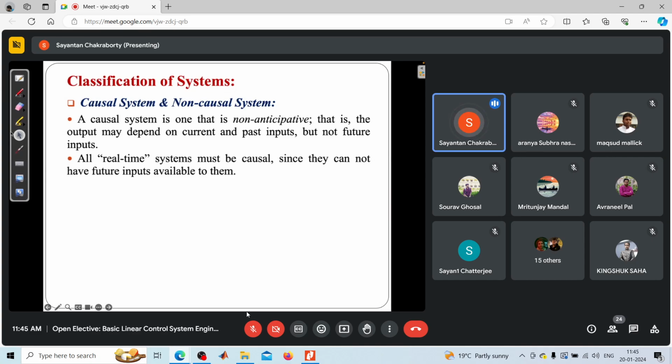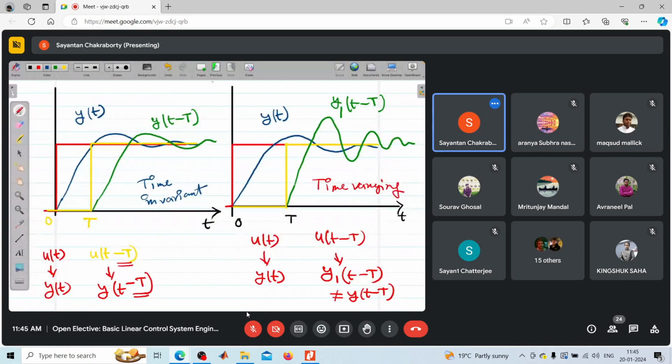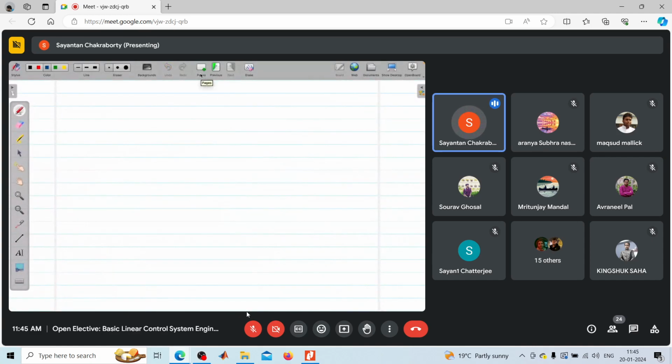But if you change your perspective and take something other than time, say space, as your independent variable, then the non-causal system may be there. For an example, some of you are familiar with image processing, right? Once you have captured a digital image, what you normally have is the data.